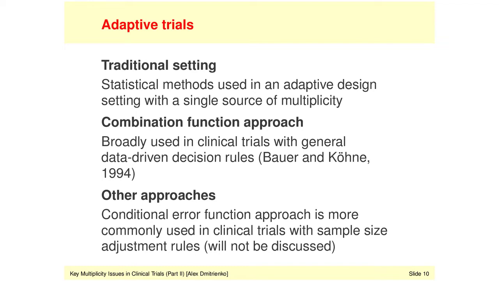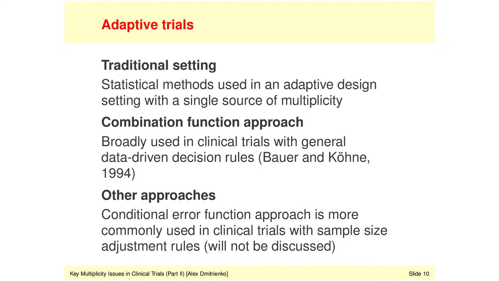Multiple approaches have been developed in the literature to build flexible adaptive designs that support virtually arbitrary data-dependent changes at an interim analysis, and probably the most popular approach is the combination function approach that I mentioned at the beginning of the module. It is broadly used in confirmatory trials, and there have been dozens and dozens of papers that examined various aspects of the combination function approach, as well as various extensions of this approach.